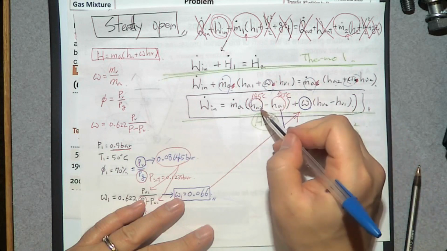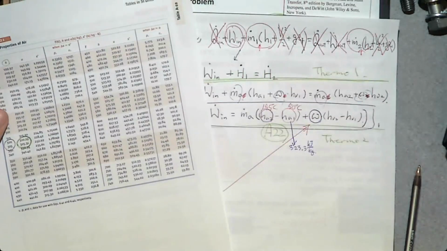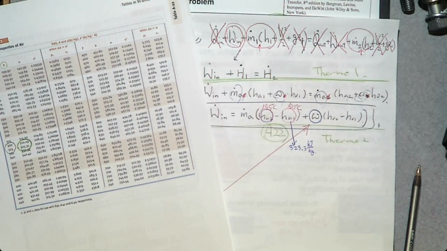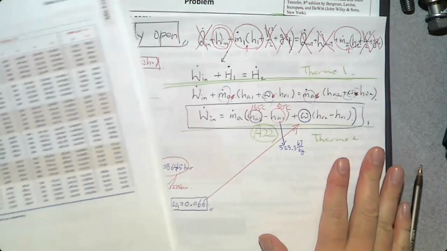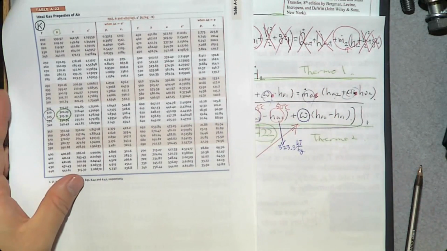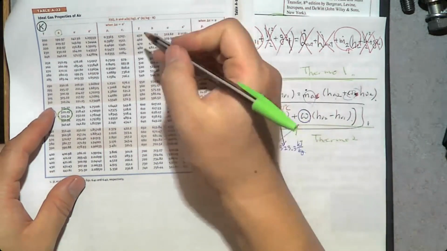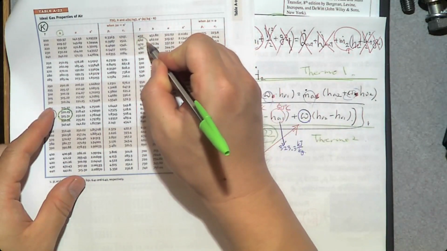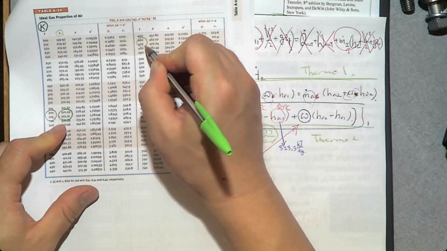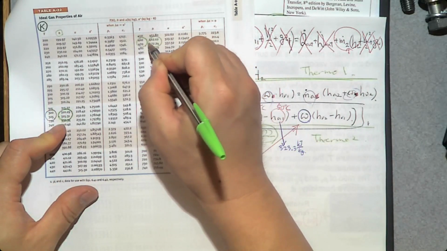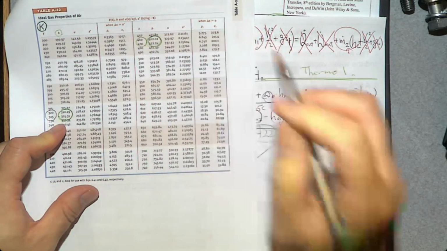What about at 195? 195 degrees Celsius is 468 Kelvin, which is between these two numbers, so it's going to be 460 something.